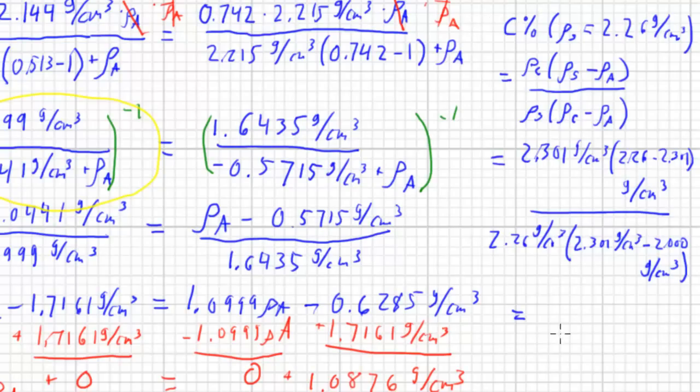And together ends up to be 87.95%. Depending on your significant digits, this value might vary just a bit, but that is what we're looking for.